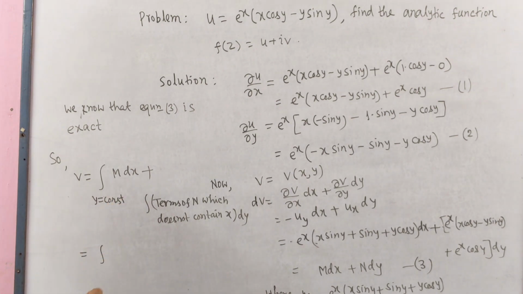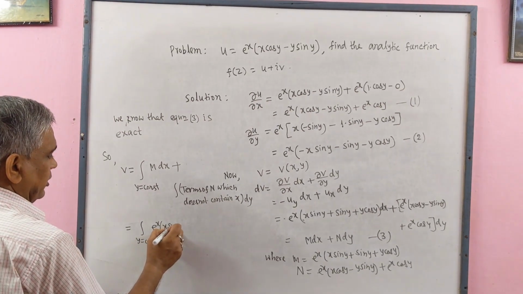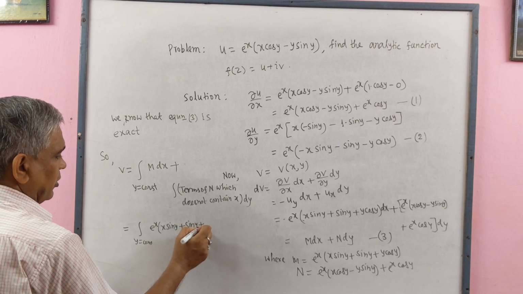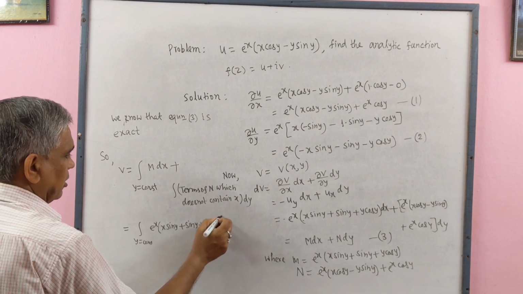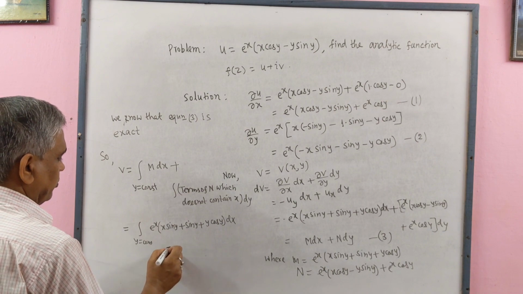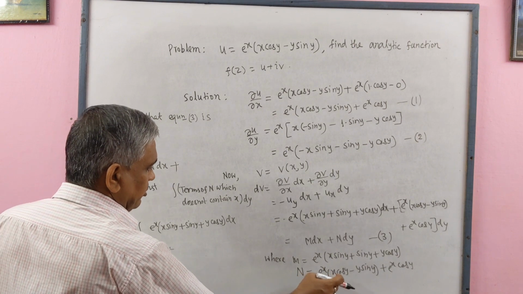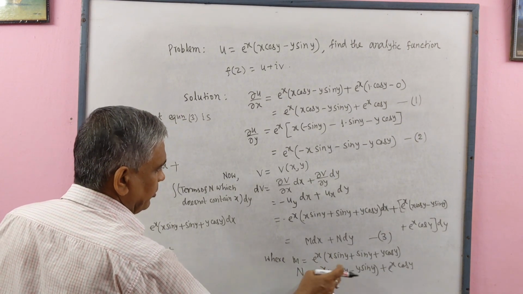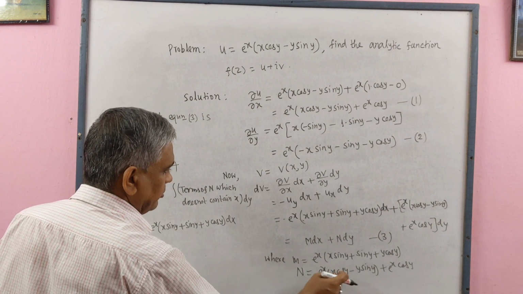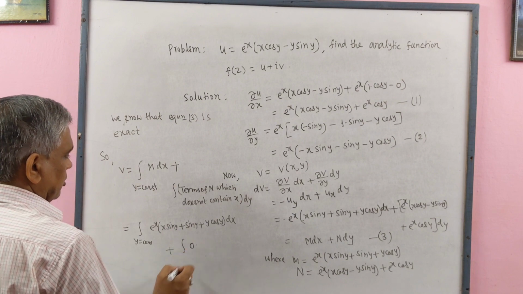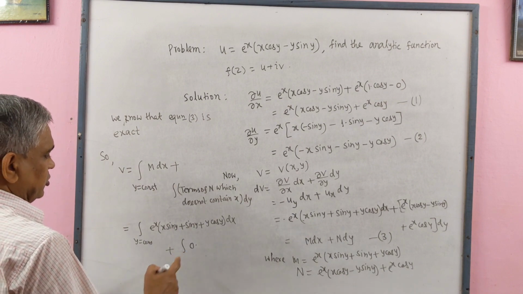So v equals the integral, y constant, of e^x (x sin y plus sin y plus y cos y) dx, plus, here each term of N contains e^x, so we get no terms free from x. So 0 dy.